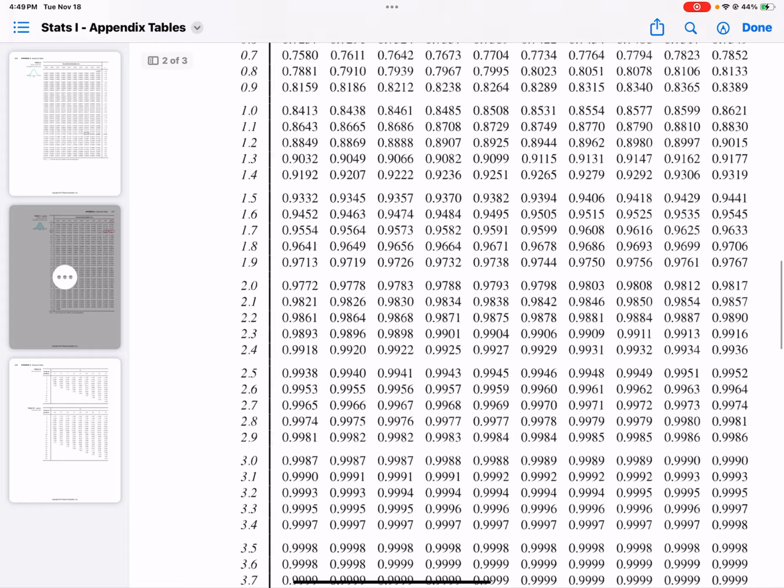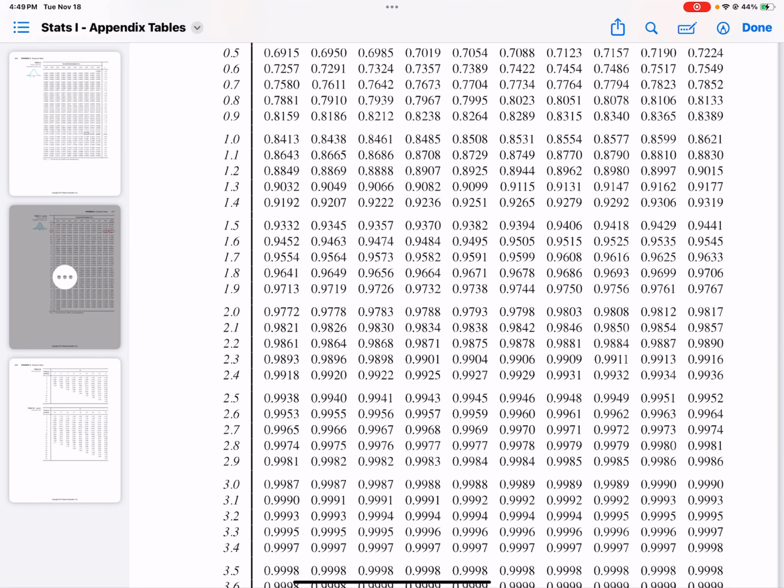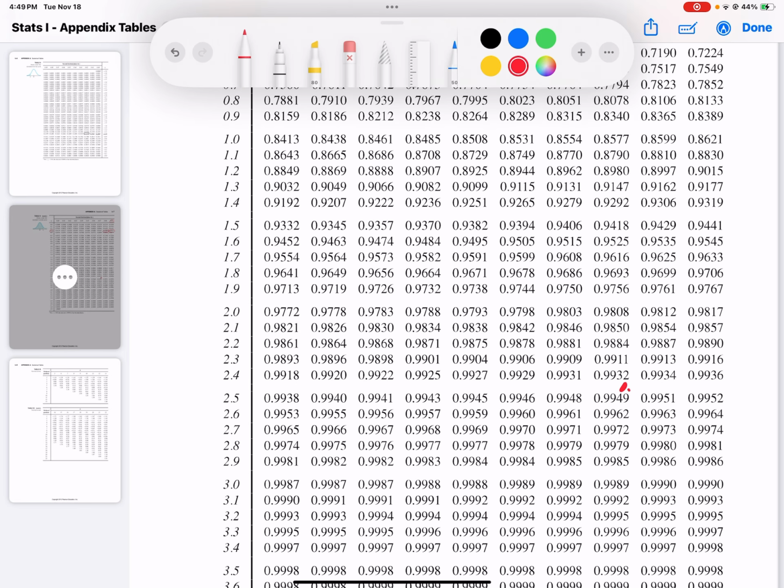Okay, so here's where we were. We were trying to find 0.995. If you look here, normally we go with the closest, but 0.9949 and 0.9951 are the same distance away from 0.9950. So this first one, 0.9949, is associated with 2.57.